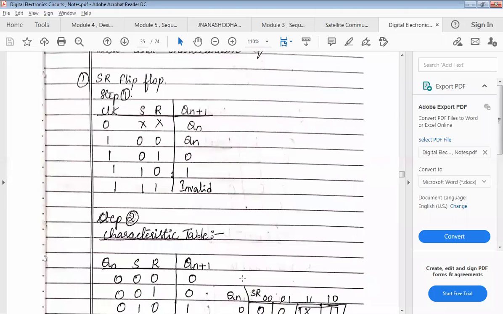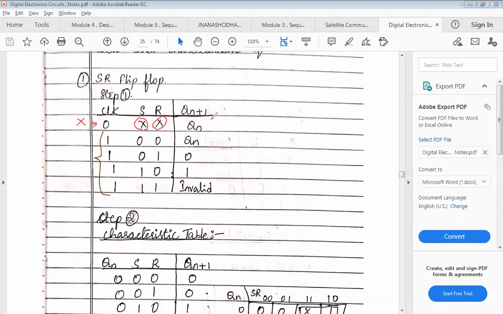Now, always the clock is very much important. Whenever the clock is enabled, whenever the clock is high, then only I will consider the operation of my circuit. In the initial state, I have considered the clock to be 0, which means the first state I will not be taking. So it doesn't matter if your S and R is 0 or 1, because the clock is 0.